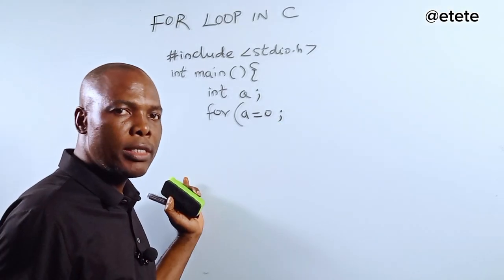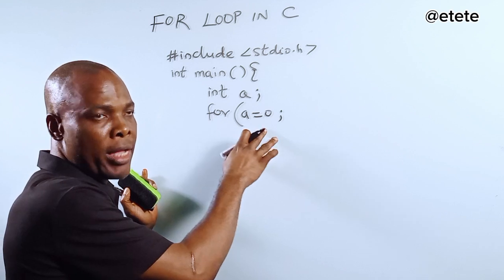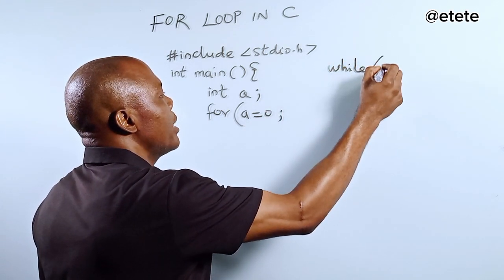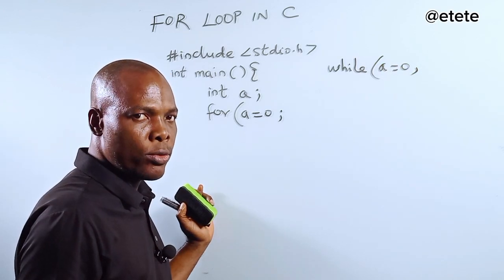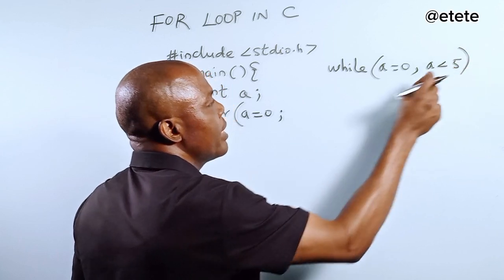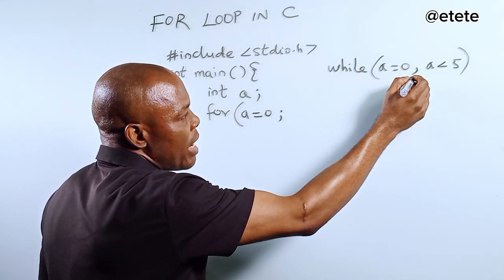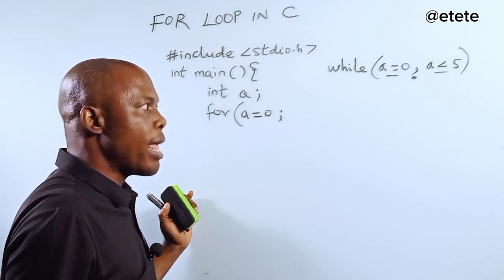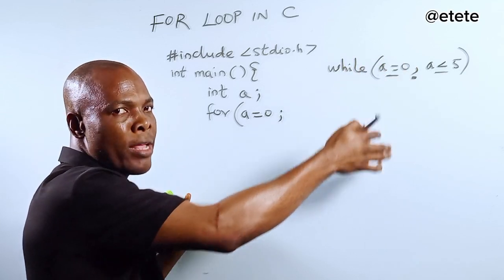Now, when we did the while loop, I also wrote the while loop in this format, where I said while, then I say a assign 0. It was the comma operator that I used. Then I say a less than 5. Now, this is different. You can see this is an operator that I'm using to control this guy and this guy. Now, this was a form of a while loop.